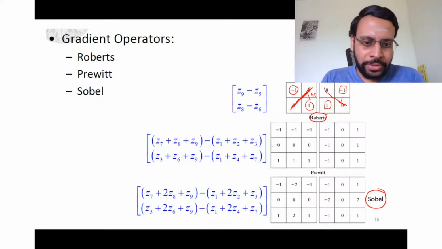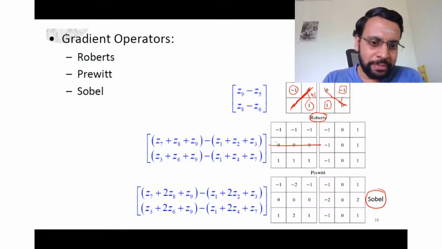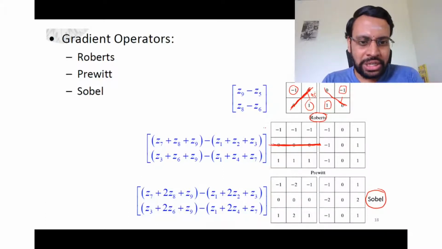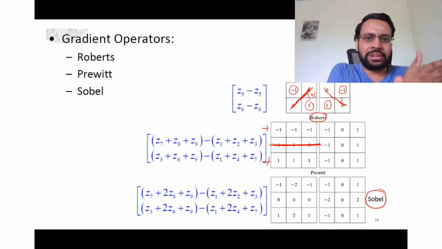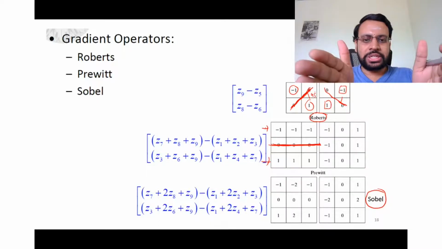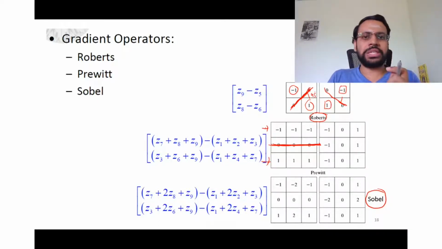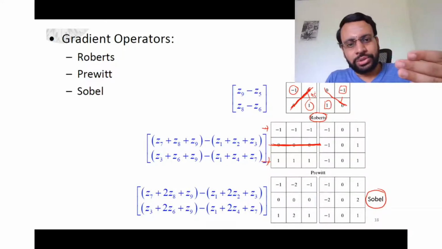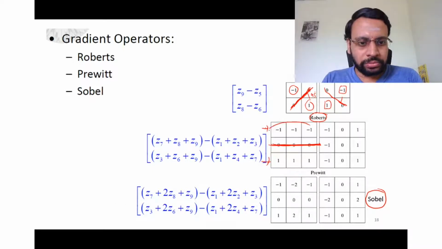For example, assume that you have an edge here. So what would happen if it is a horizontal edge, in this row and in this row? Compared to that, there is a transition of intensities. So what you are going to do now is take minus 1, minus 1, minus 1 here, and 1, 1, 1 here. Essentially when you are correlating with this mask, this is equivalent to subtracting these intensities.